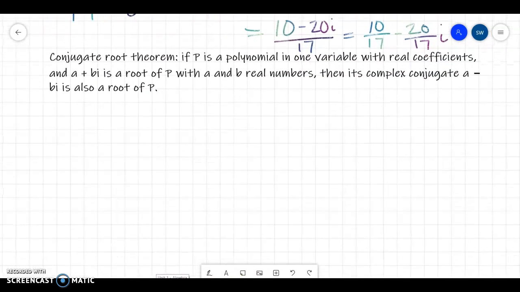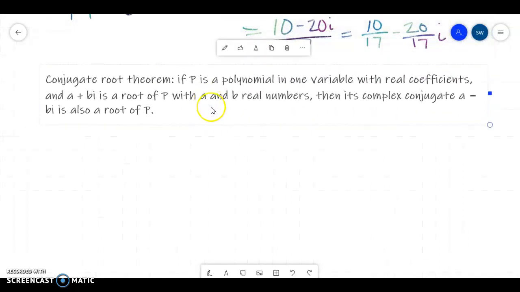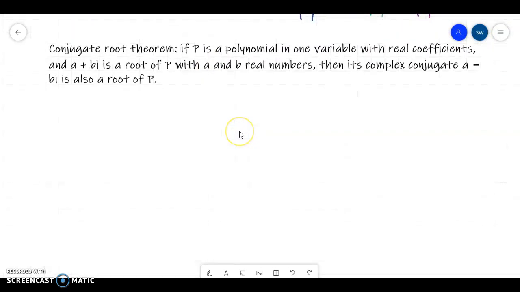All right, last thing today, conjugate root theorem. You can remember this from the quadratic formula, where you have an imaginary part. I don't know if we've ever said it out loud before, but it makes sense when you think about the quadratic formula.